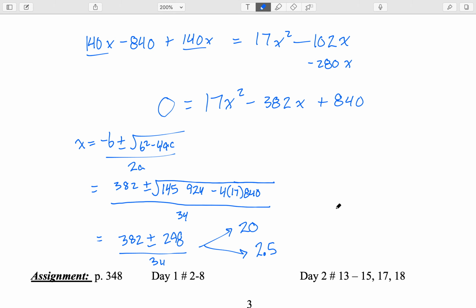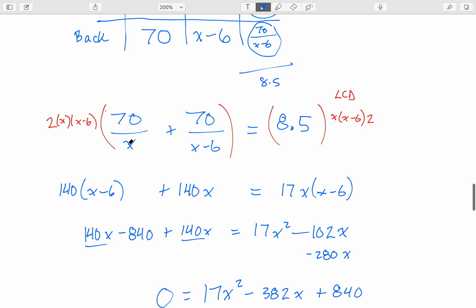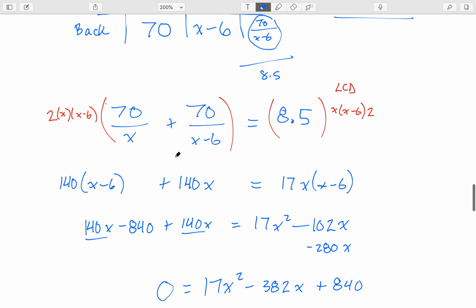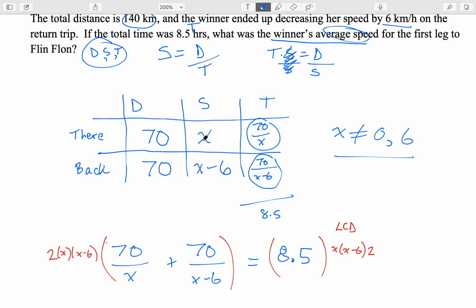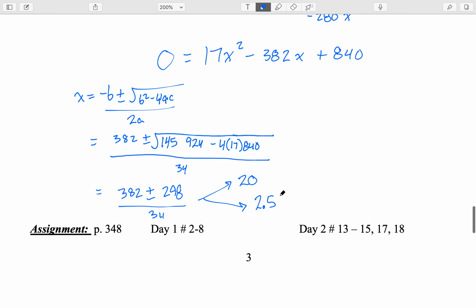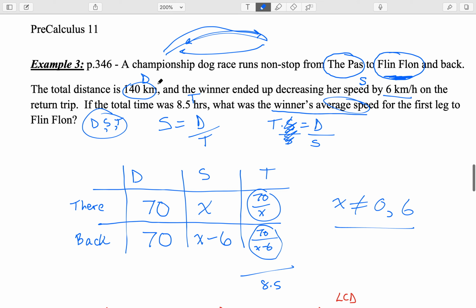Okay, so I got my two answers. Remember, what are my restrictions? x cannot equal 0 and positive 6. Well, duh, that's your speed. Your speed's not going to be 0, and it's not going to be 6. Is that the answer, or is that the answer? Hang on. Let's read it.